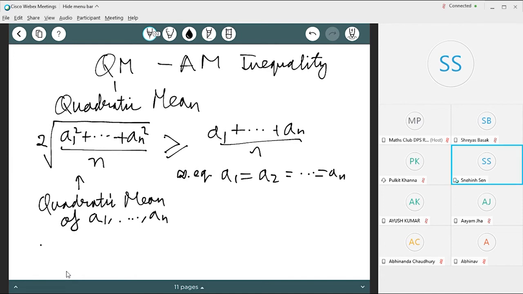Another quick exercise, try it later: show that quadratic mean is indeed a mean, that is, it lies between the maximum and minimum of a1 to an. Not hard, but try it out. It's very important to verify that the nomenclature is indeed correct. So verify QM is a mean.